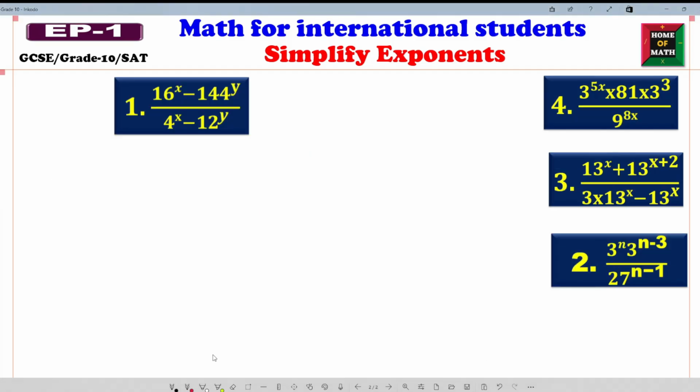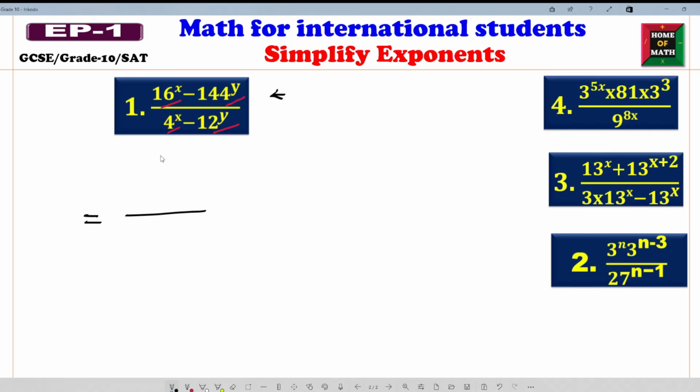First one. Here is 16 to the power x minus 144 to the power y, divided by 4 to the power x minus 12 to the power y. Look, here is 16 and 144, and in the denominator 4 and 12. Something has a relation.